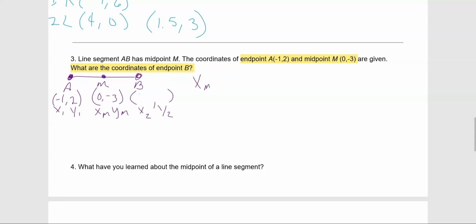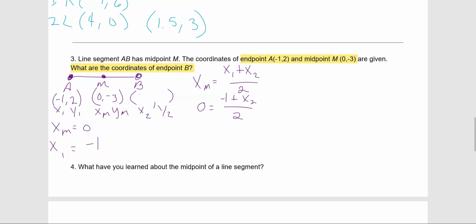So our formula was x of the midpoint is equal to x1 plus x2 divided by 2. We know that x of the midpoint is 0 and x1 is -1. So we're going to plug these into our formula. So 0 is equal to -1 plus our unknown value, all divided by 2.